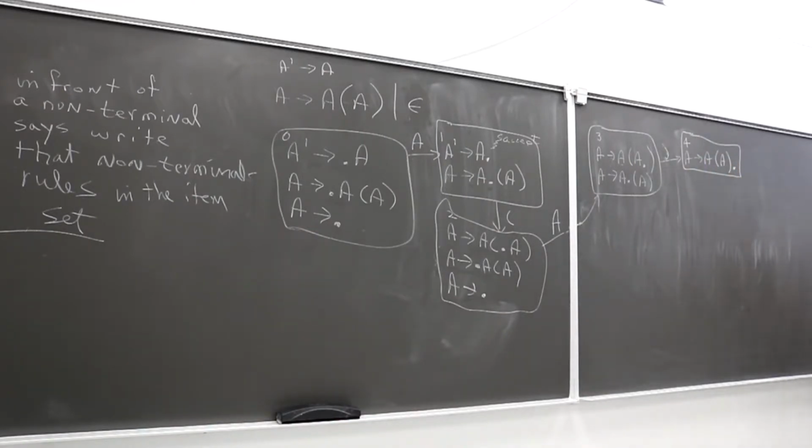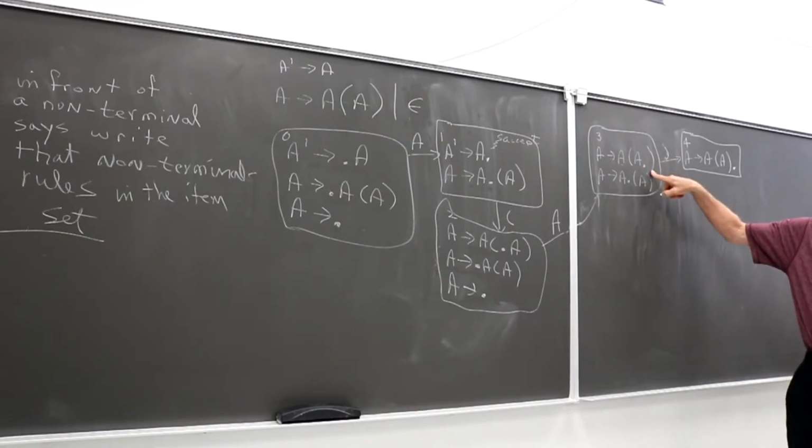Could you also see a left paren there? Would you go back? Yeah, I'm not done. I've got to do left paren as well. Jeffrey? Why in item set 4 do you not rewrite the second rule from item set 3? Well, because we're moving on this symbol.